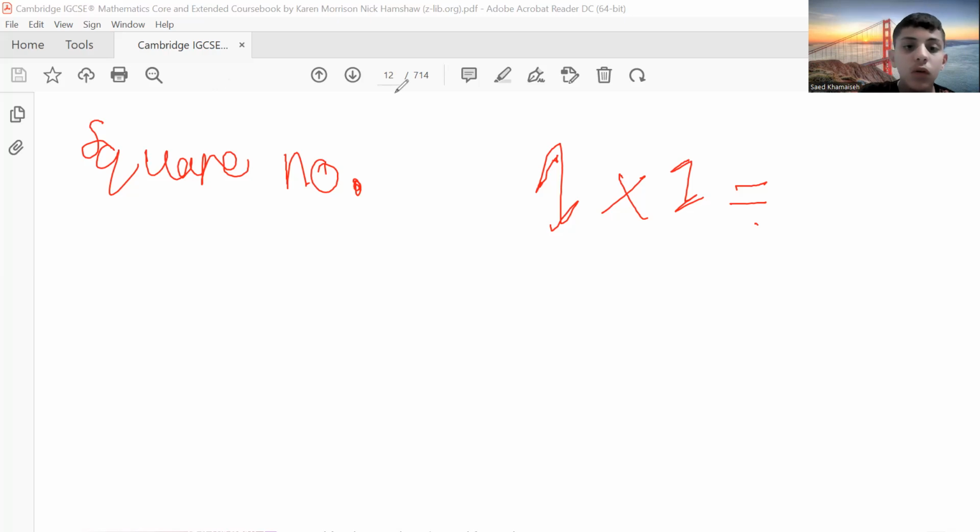Okay, now when I multiply 1 by 1, what I got, 1. So the number I got here is the square number. For example, 2 times 2.